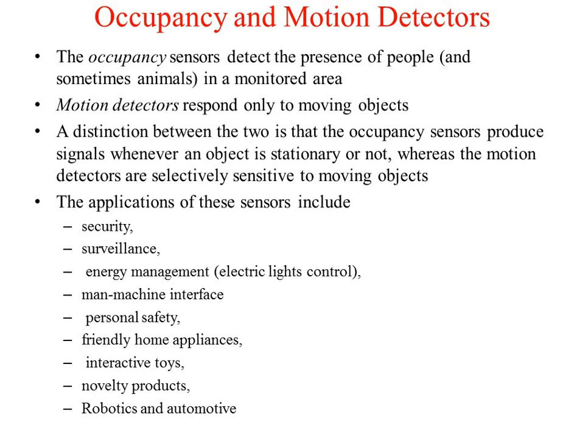Then man-machine interfaces, where you can use such occupancy detectors. Then personal safety, and friendly home appliances, where you can use occupancy and motion detectors. For friendly home appliances, we can take the example of a smart dustbin developed by our students. Whenever a person comes near that dustbin, it identifies the motion and occupancy of the person and automatically opens the lid, and you put your garbage in it.